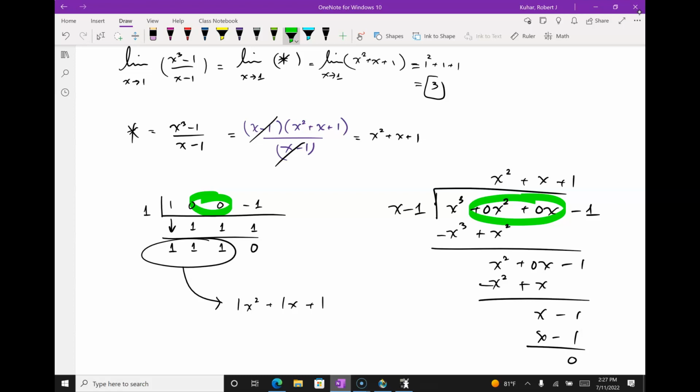You remember doing this in pre-cal? No? You didn't do synthetic division and long division? All we did was find the cosine. No, that's trig. You didn't do exponentials and logarithms? Yeah, we did logarithms and other kinds of stuff.